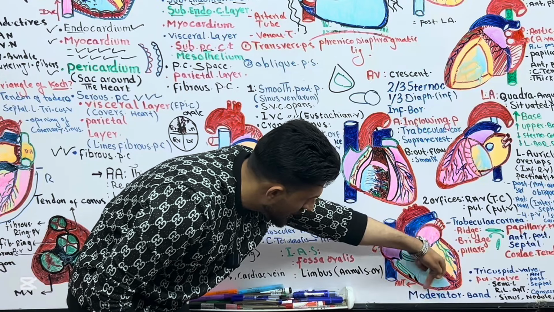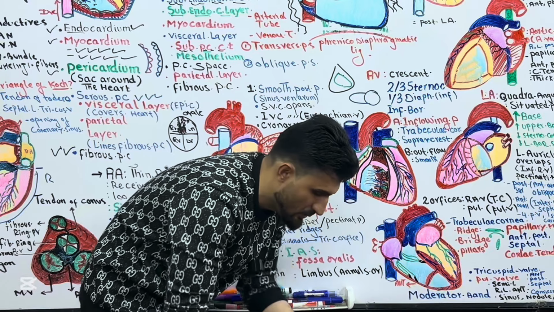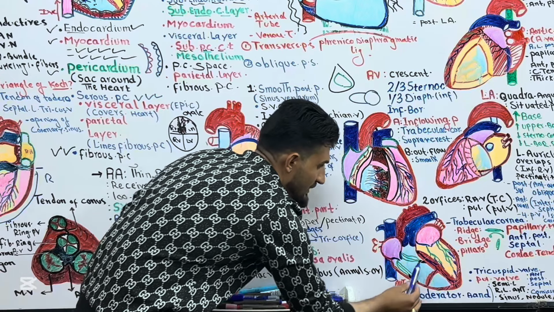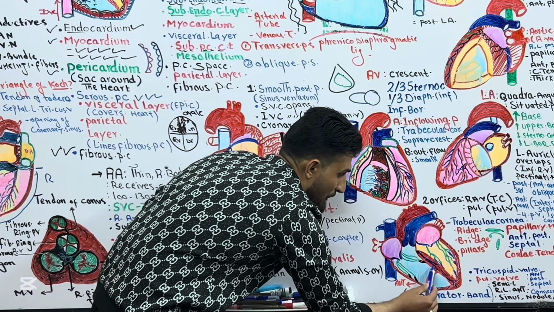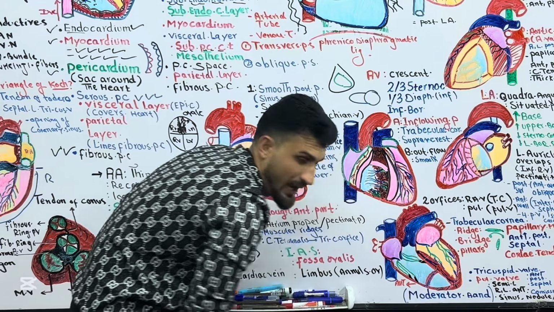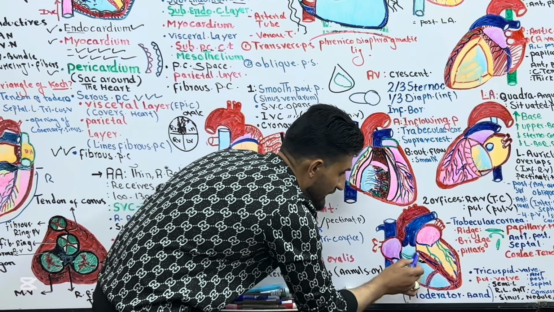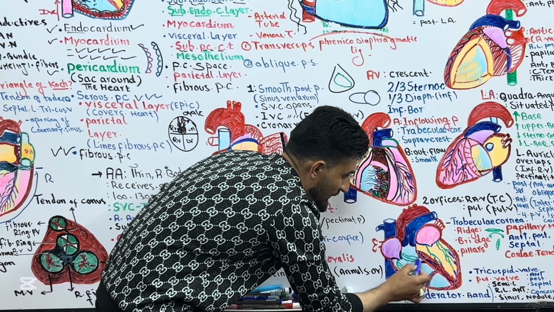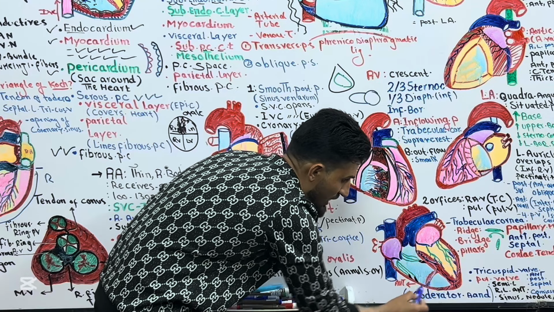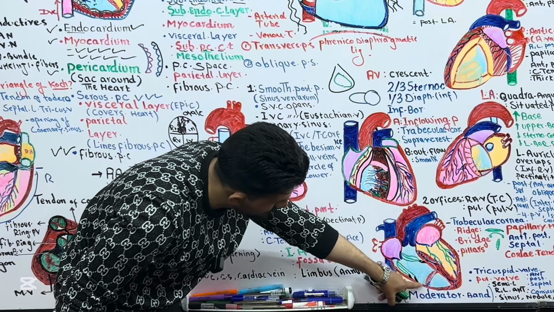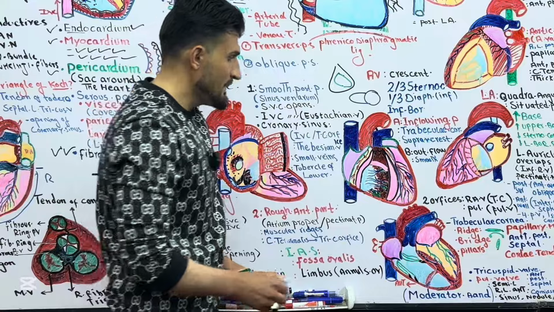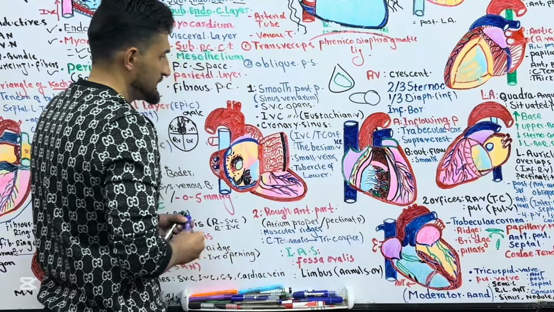This ridge is called the moderator band, and this is very important because in the moderator band a part of the right bundle branch passes to the right ventricle. We have the AV node, then the bundle of His, then the left bundle branch and right bundle branch, and the right bundle branch passes from the left side to the right side through this moderator band.